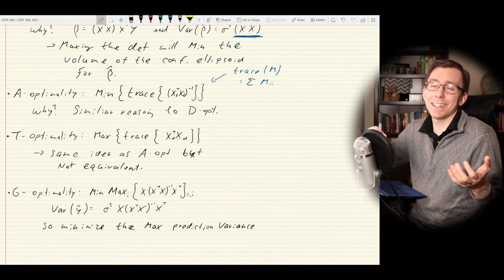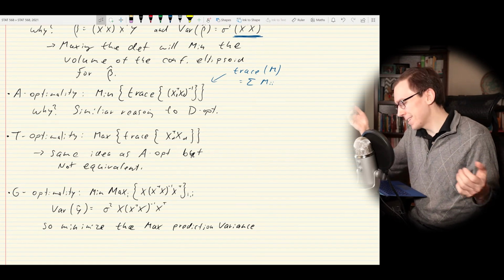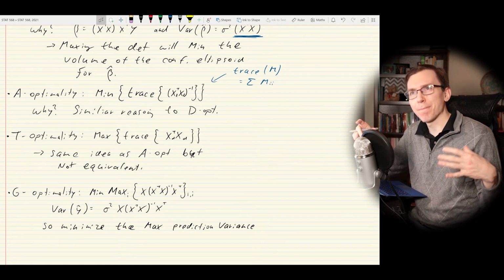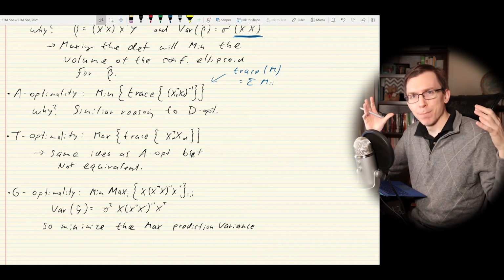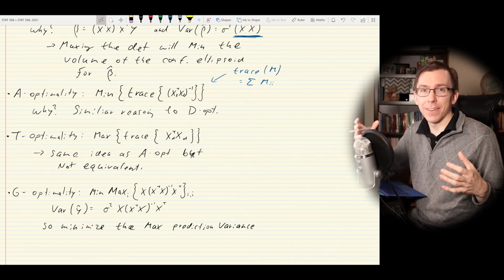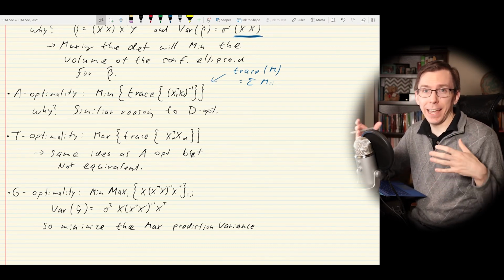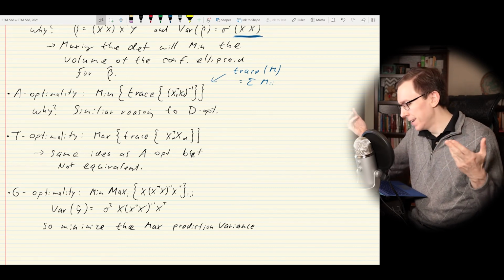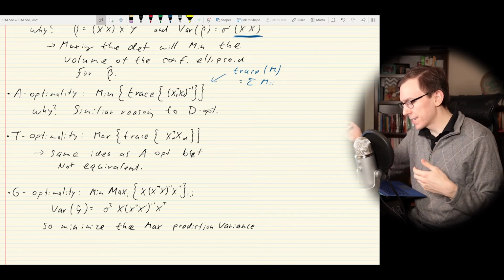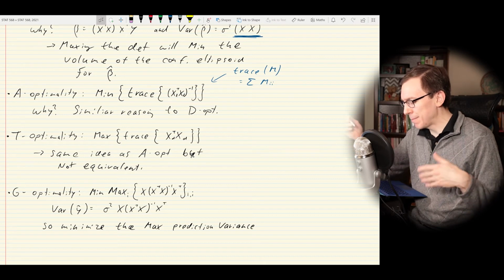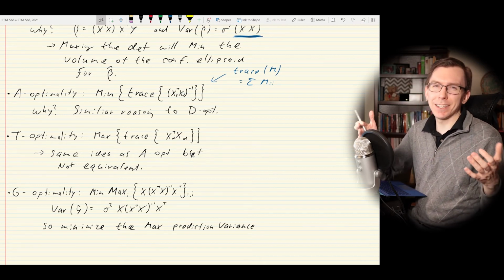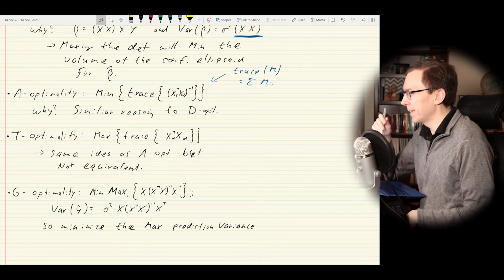G-optimality is doing something very similar, but in this case, it's saying I want to minimize the worst possible prediction error rather than the estimation error or variance. So again, G-optimality, prediction variance. The other ones are estimation variance, but ultimately they're all doing a very similar thing.